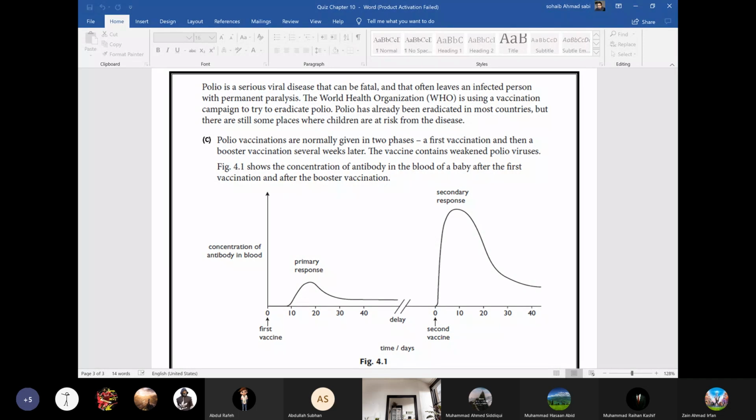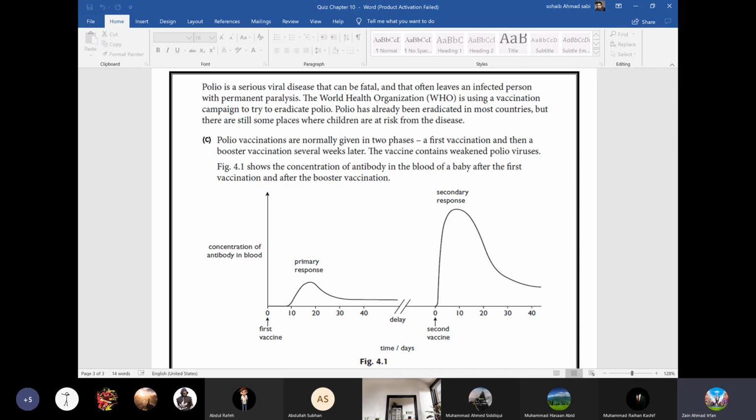It is caused by a virus, and this polio virus attacks the spinal cord in the lower back. Eventually the spinal cord and its nerves going towards the legs are destroyed or damaged. Then the legs stop working and total paralysis takes place. Understood, everyone?